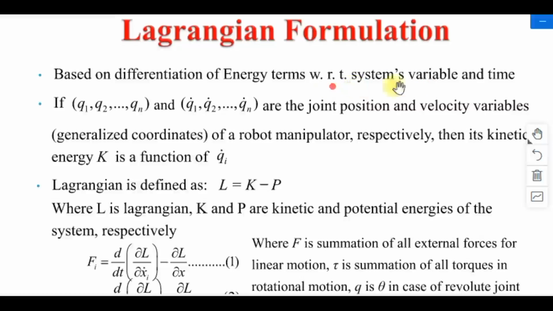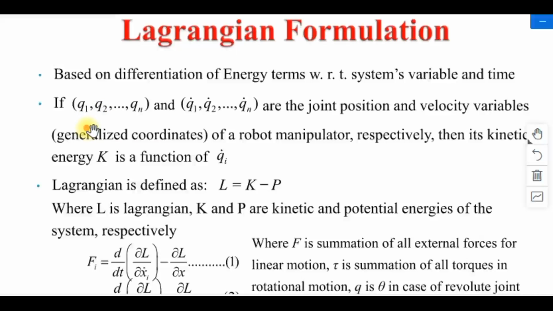The system variables here are q1, q2, qn, and the time. So it is basically the derivative. These are the joint position and the velocity variables. So this is the position, and if you differentiate with respect to time, it becomes velocity.